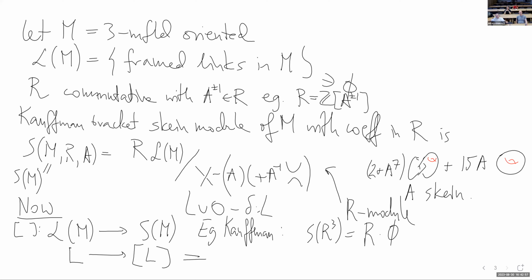The Kauffman bracket for M equal R3, with this choice of the form of the coefficient ring. So this is a generalization of the Kauffman bracket.